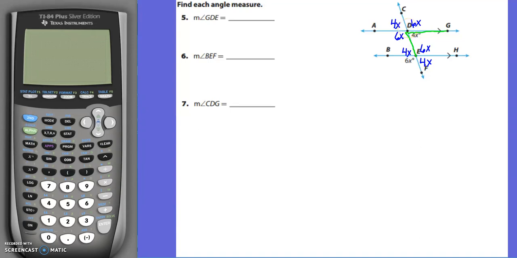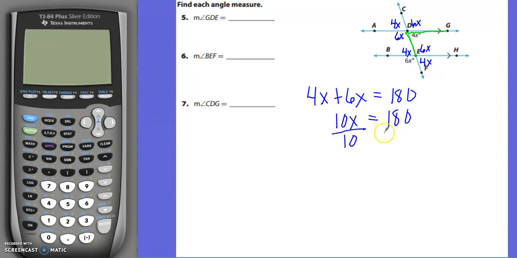What we can do is set up supplementary, and we can say 4x plus 6x equals 180. So 4x plus 6x is 10x. Then we're going to divide both sides by 10. And we get 18.